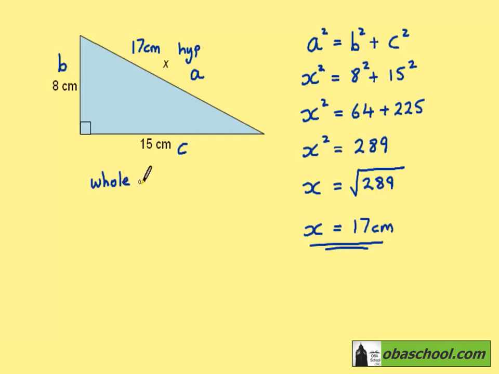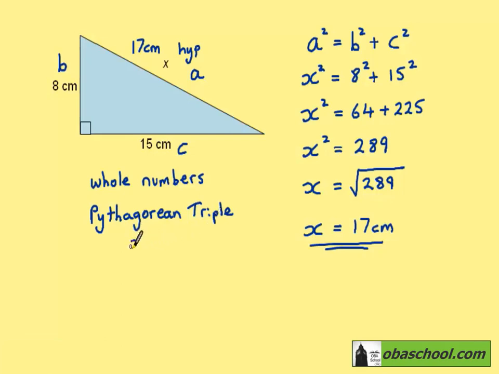If we have a situation where all three sides are whole numbers, these whole numbers are known as a Pythagorean triple. So 8, 15, 17 is an example of a Pythagorean triple.